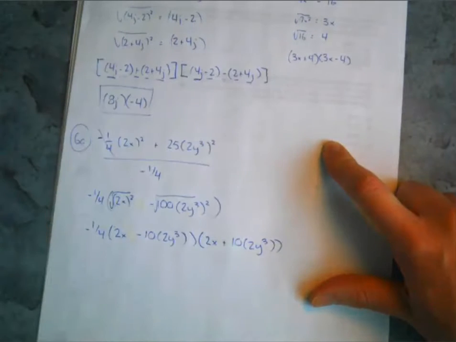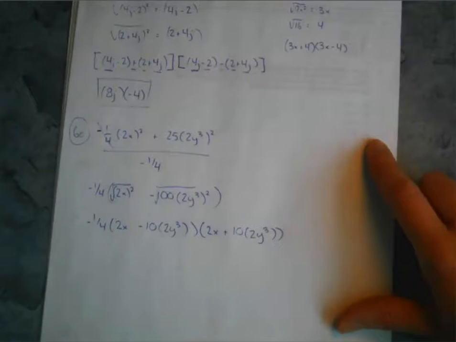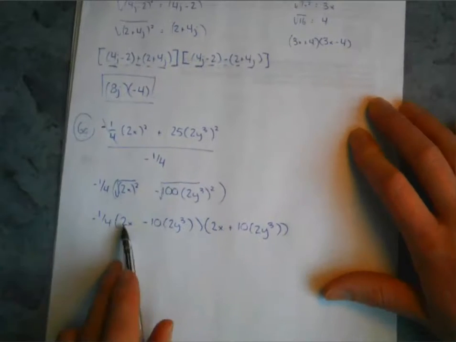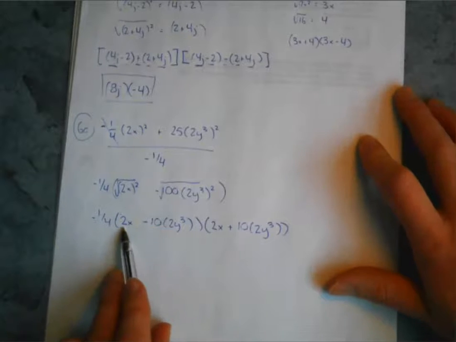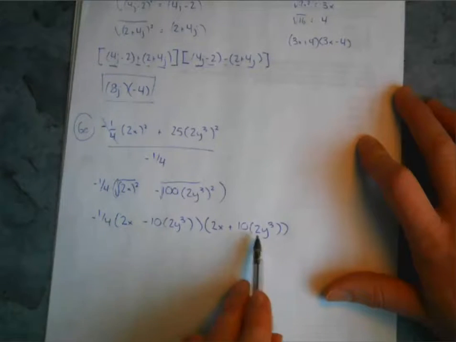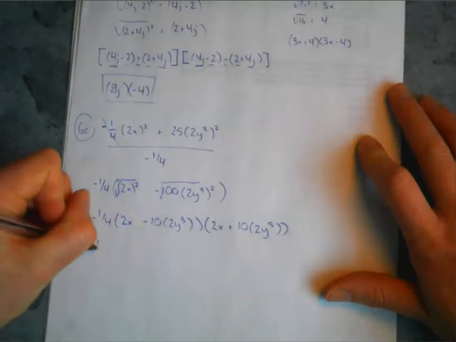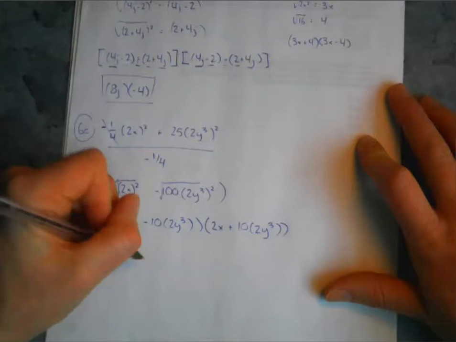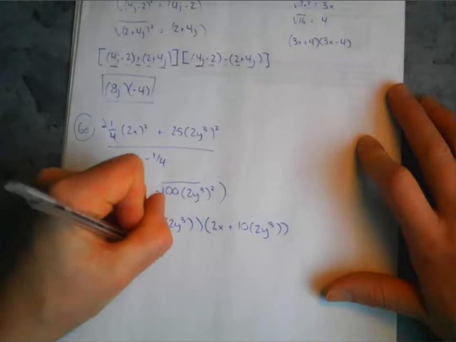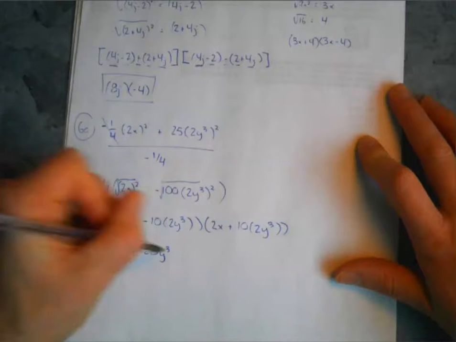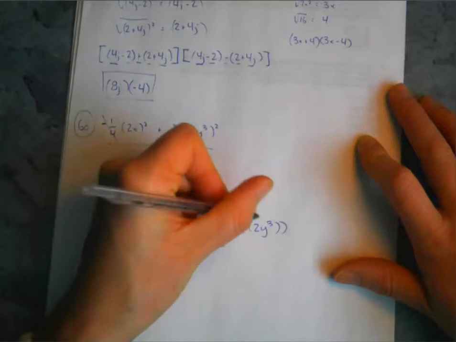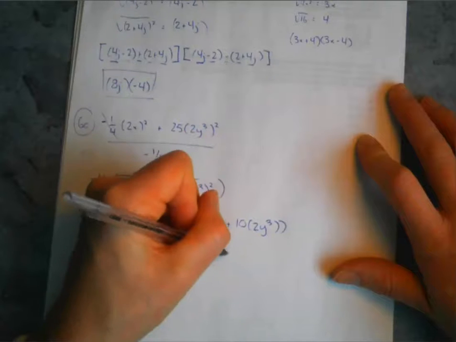And another bracket there. Now again, like we did up here, we want to simplify. So basically the only way we can do that is to multiply these two brackets together. So negative a quarter stays outside, and we have 2x minus 10 times 2 is 20y³. And then over here, 2x plus 10 times 2 is 20y³.